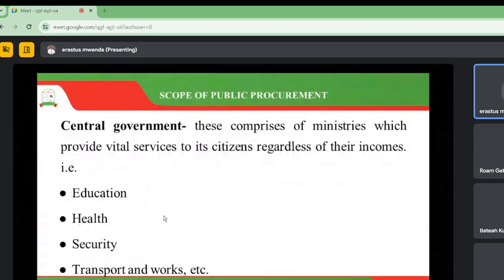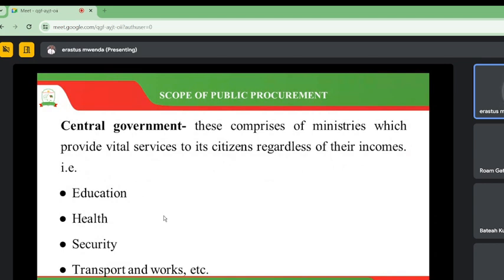Others will supply school uniform. Others are going to supply food items. We have county governments that are providing food for their learners every day. So it is a crucial kind of sector also.